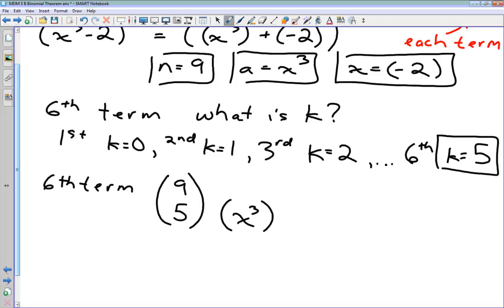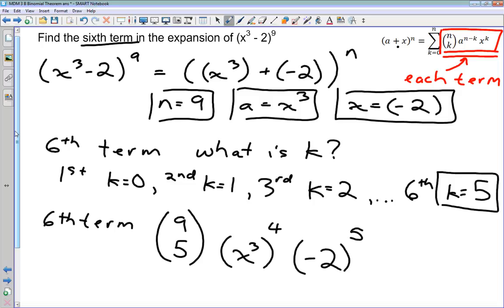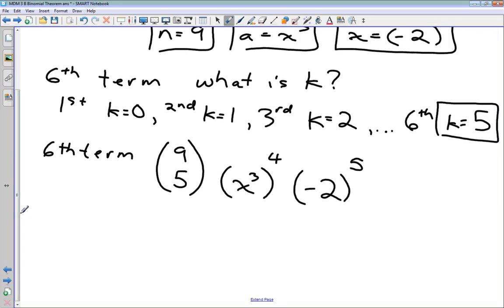So if n is 9 and k is 5, exponent 4. And then negative 2 to the power of k. So that's just that n choose k, a to the n minus k, x to the k. And then from here, we just need to evaluate what's going on.